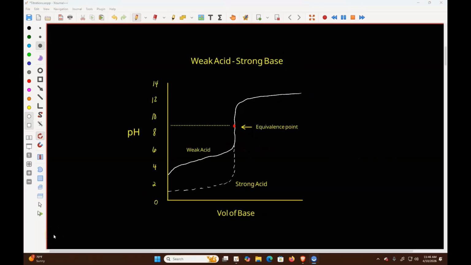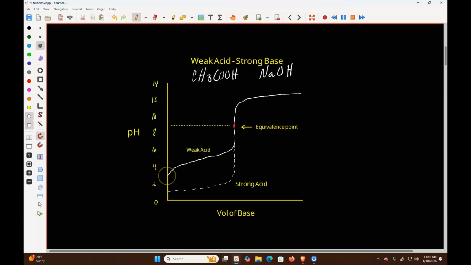Okay, so for a weak acid, strong base, let's assume the weak acid is something like acetic acid, and the strong base again is something like sodium hydroxide. I'm showing you with the dotted line the strong acid portion of this curve, and then the solid line is the weak acid, acetic acid.